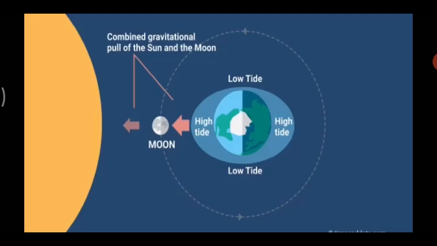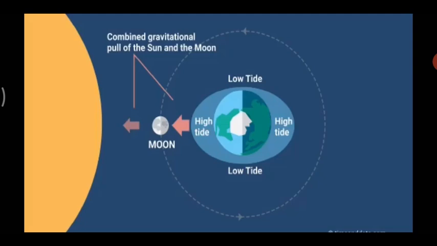So when there is high tide at 0 degree meridian, now you know what is 0 degree meridian? That is the prime meridian. So when there is a high tide at 0 degree meridian, the 180 degree meridian also experiences high tide. Now 0 degree meridian is opposite to 180 degree meridian.